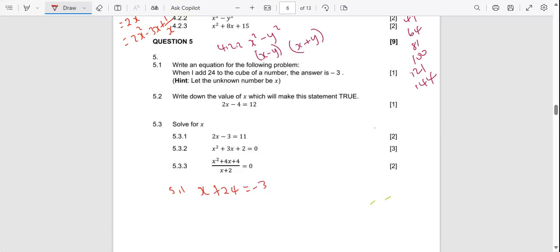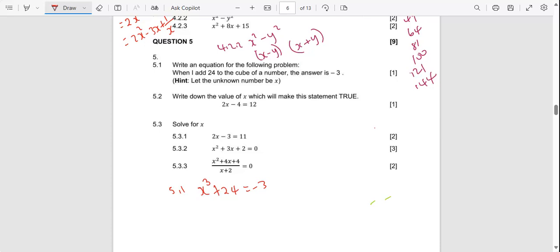Meaning that the cube number is going to be, I'm going to put x here, because I know that if I can solve this, it will give me negative 3.